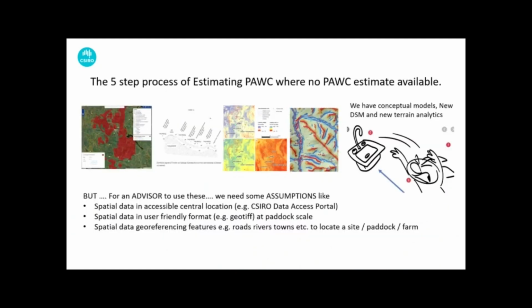So we developed a 5-step process to try and estimate plant available water capacity from what's actually in our study area. But we had to really think long and hard, how useful is that to an advisor or a grower on the ground? I mean, how are they going to interpret what's in those reports?